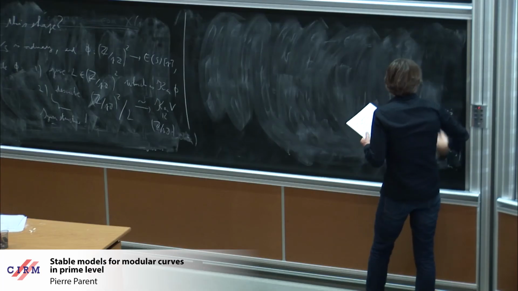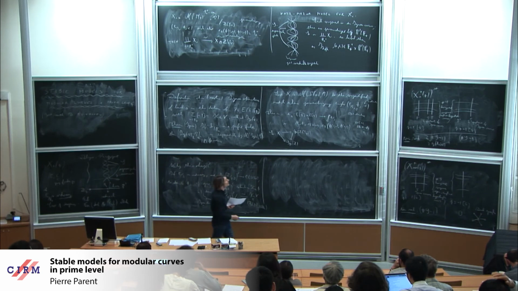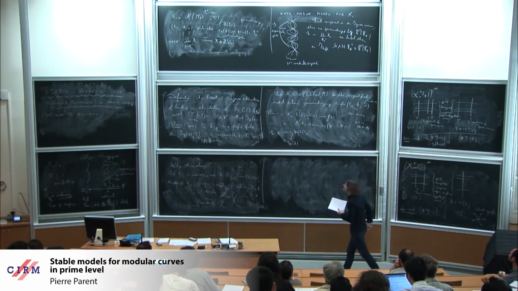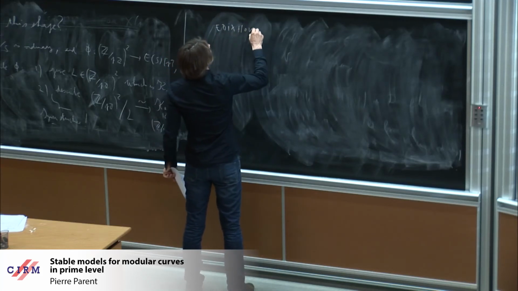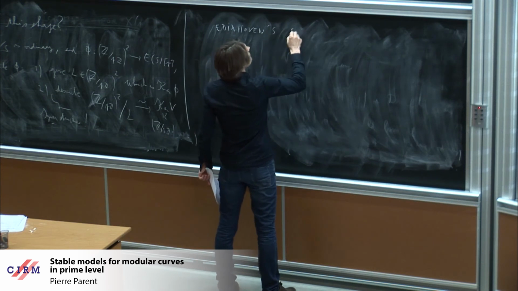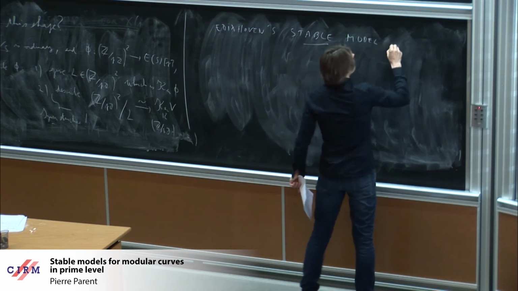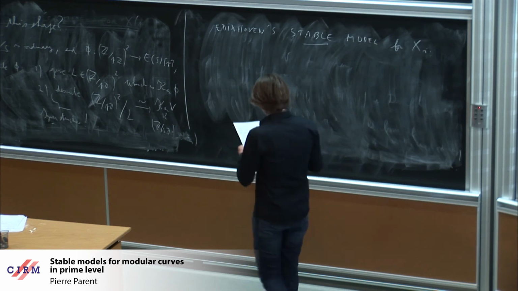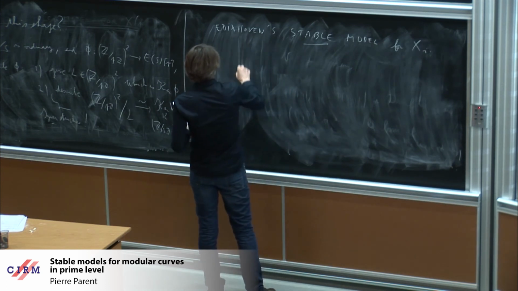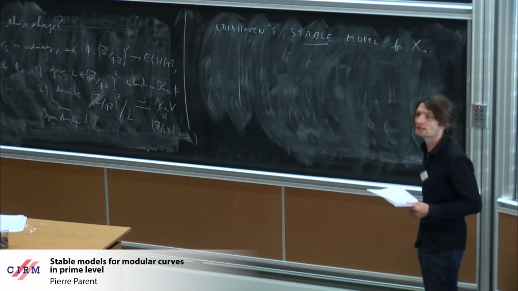From that model, Edixhoven has computed a stable model, because this is highly non-stable. As you can see, the crossing points do not have the right appearance. So Edixhoven computed a stable model for the X_i. I won't enter into the details here, but let me just say that it is obtained by blowing up at singular points in order to obtain a normal crossing.